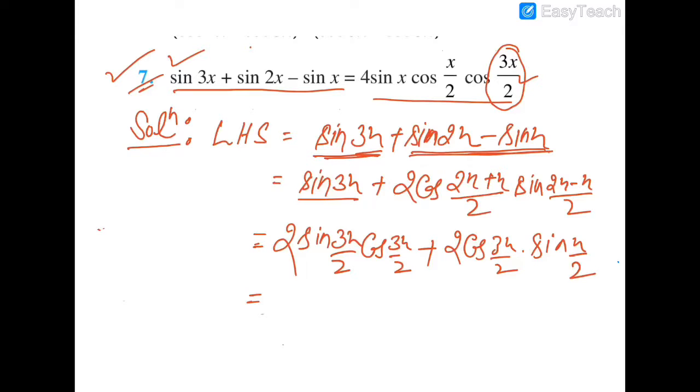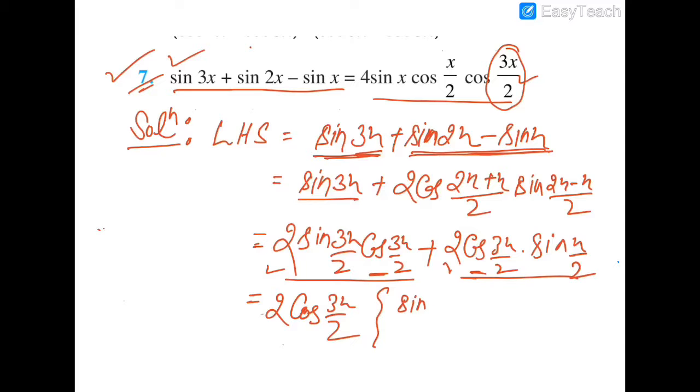Now, out of these two terms something is common. We'll take 2 common, as well as cos 3x by 2, both common. Whatever is left, you mention here: sine 3x by 2 plus sine x by 2, fine.